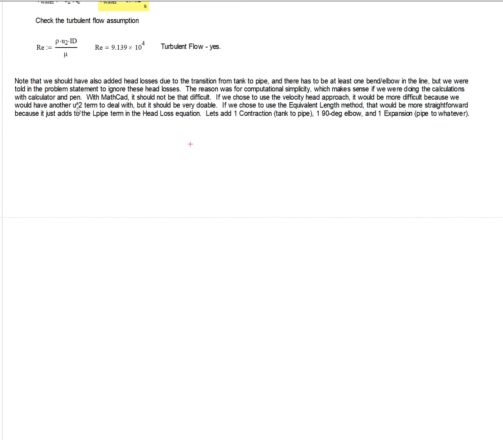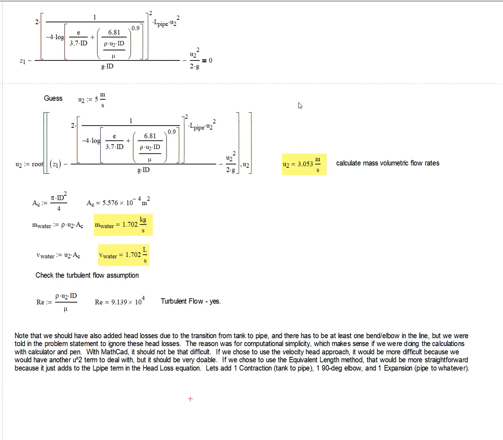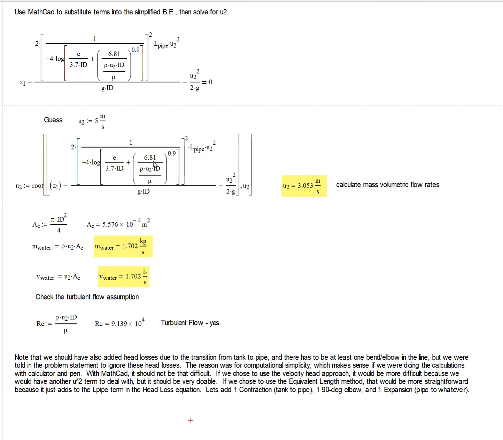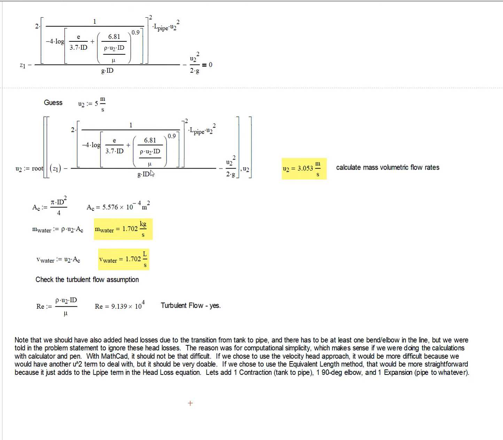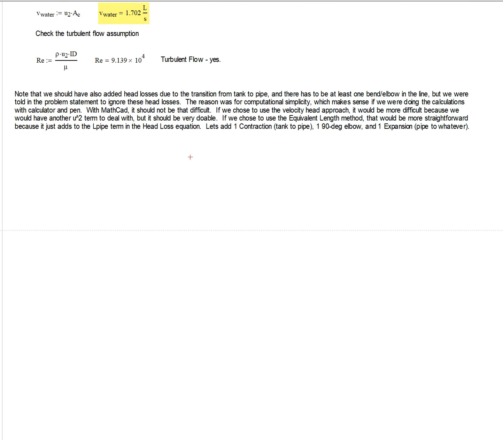So to make things a little easier, what I wanted to illustrate is that we have a choice. We could use velocity head, but let's use the equivalent length method, because velocity is in here, and we would also have to include the velocity head, but the equivalent length method should be a little easier.